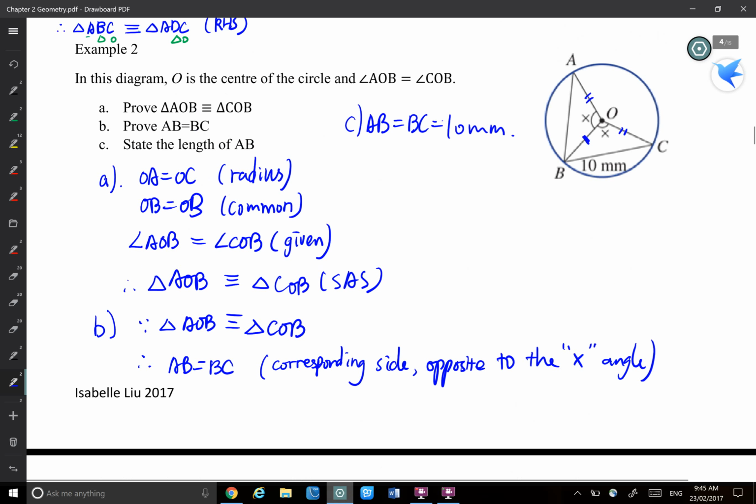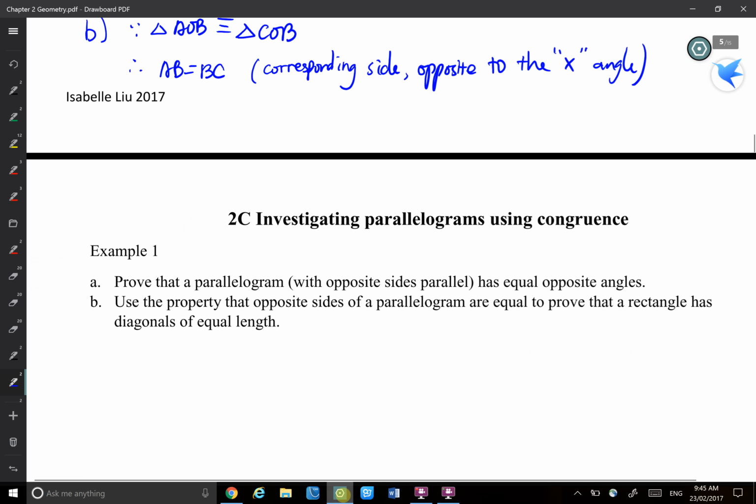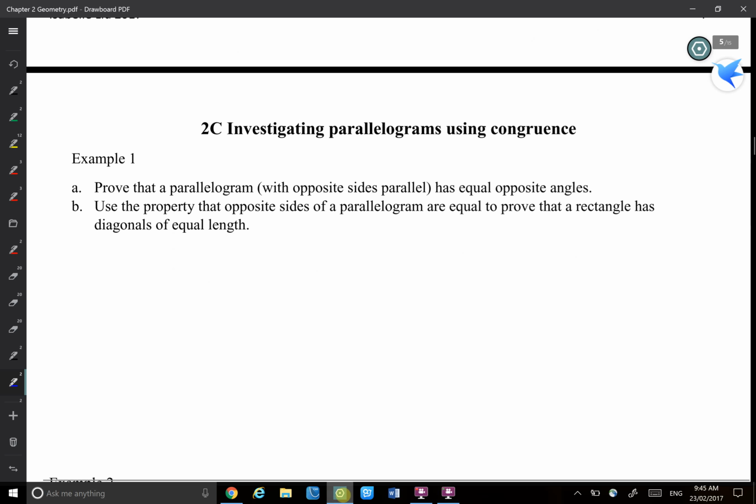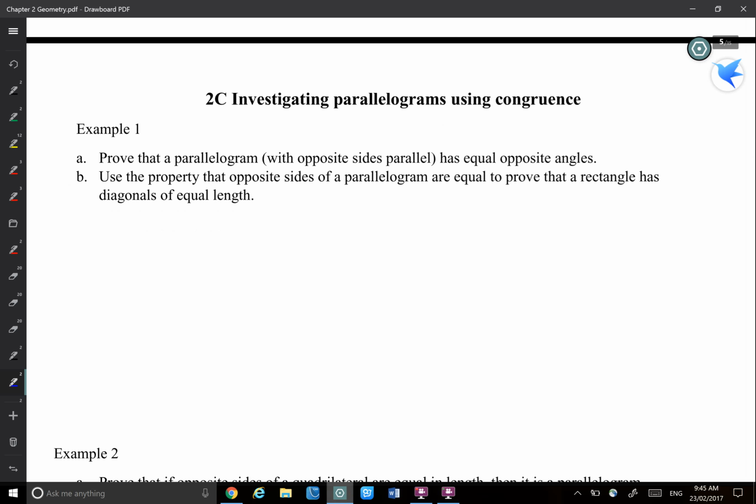Okay, let's have a look at 2C. So 2C is investigating parallelograms using congruence. We are trying to prove some diagrams are parallelograms or a particular shape. Let's have a look at example 1.